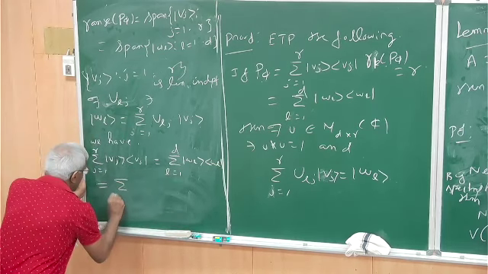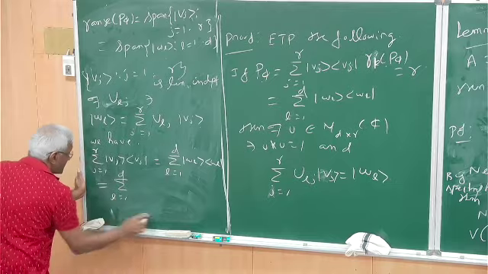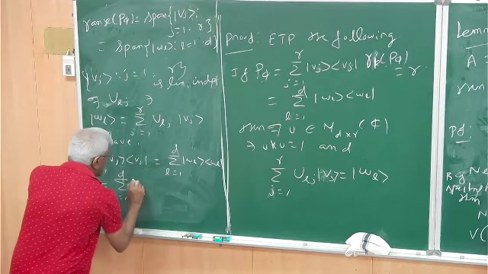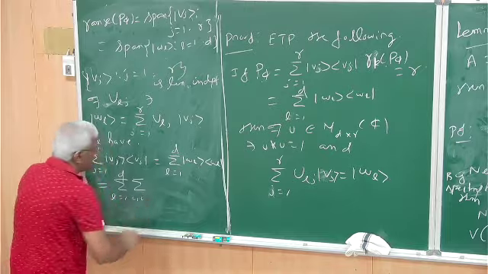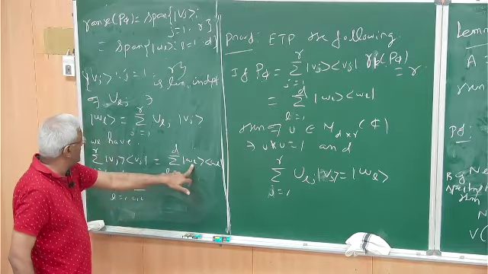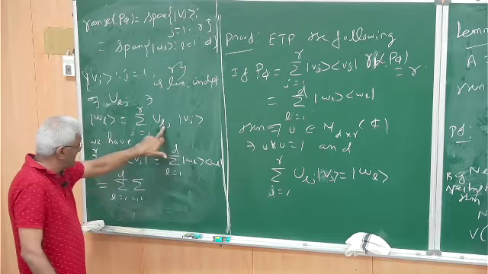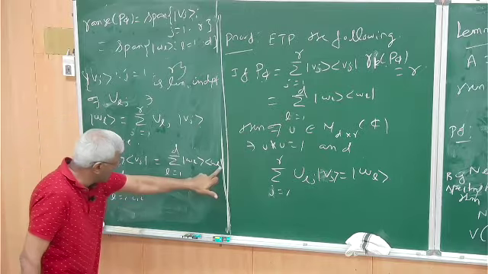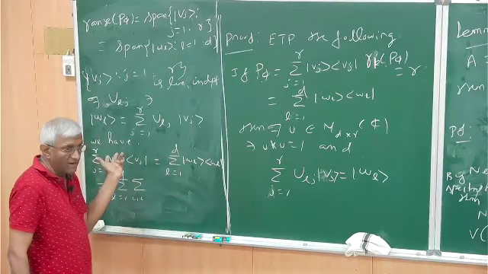So summation L equal to 1 to D, summation over I and I prime. You write the WL like this and take the U L J. These are scalars, so you take them out, and here take it out as a bar.